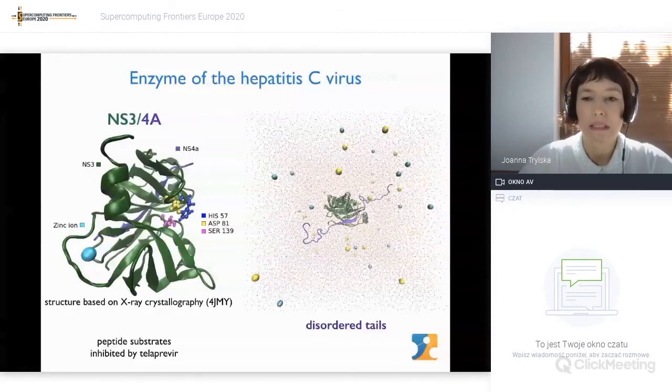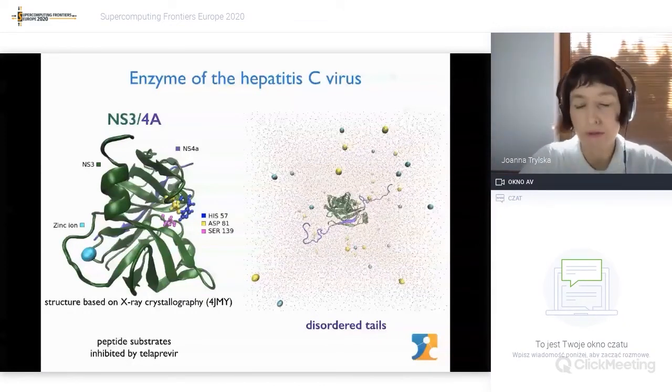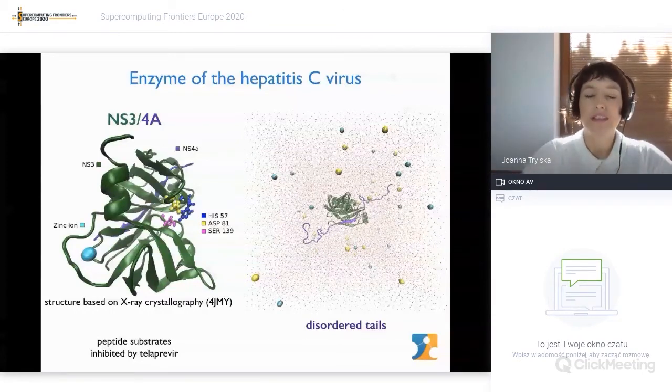So Natalia, who is responsible for that project, built a model of this cofactor, and you see how long these tails are, believed to be disordered, on the right-hand side. And what we did is we thought that these tails must be flexible, but what is their function?